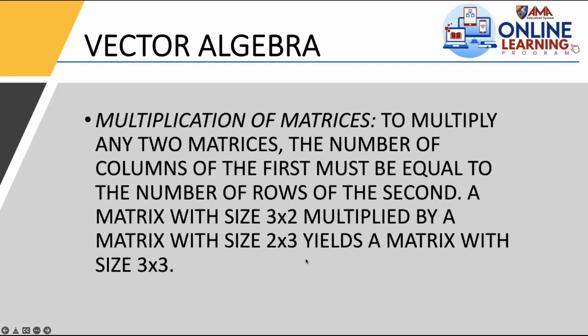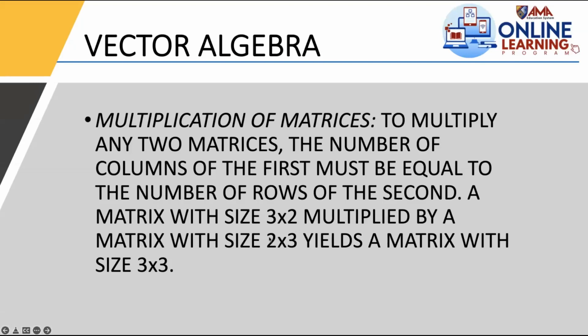Because if the same size, for example, 3 by 3 and 3 by 3, that's what I mean by the same size. It will only apply for square matrices. When I say square matrix, it has to do with the same number of rows and the same number of columns. But it cannot apply for all same sizes. For example, if you have 3 by 2 and 3 by 2, same size, not possible.